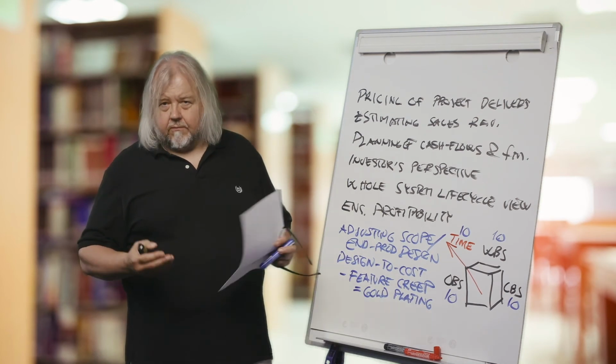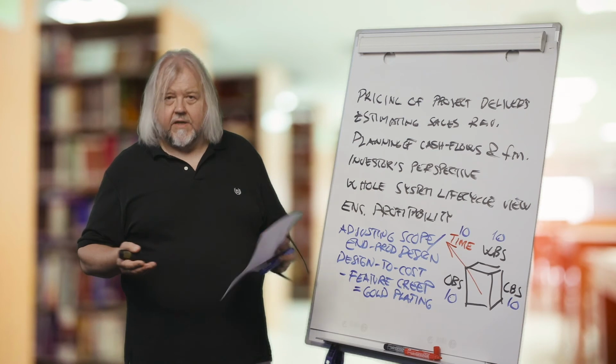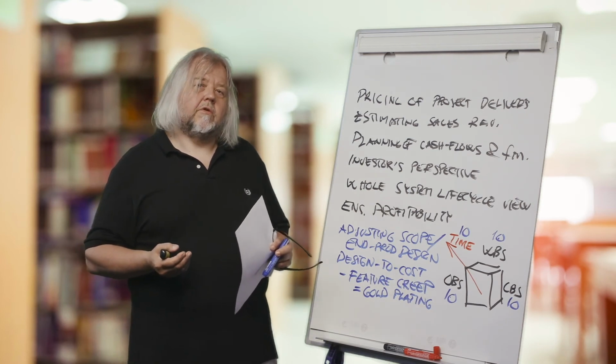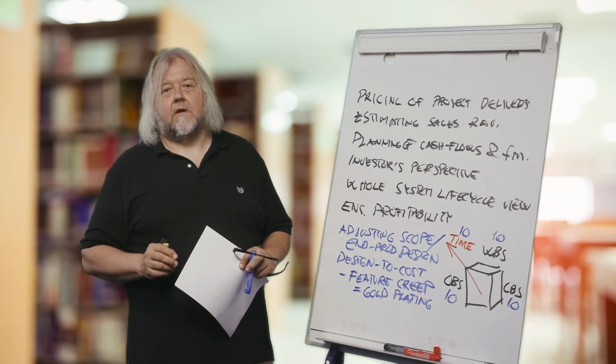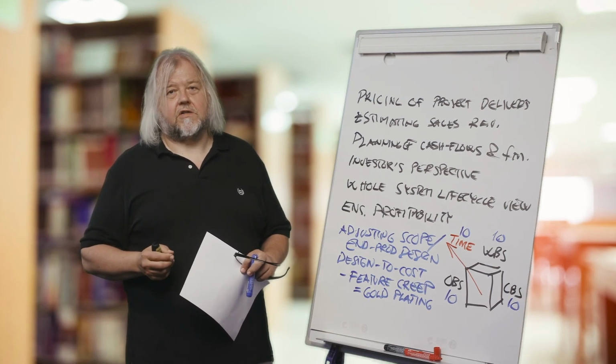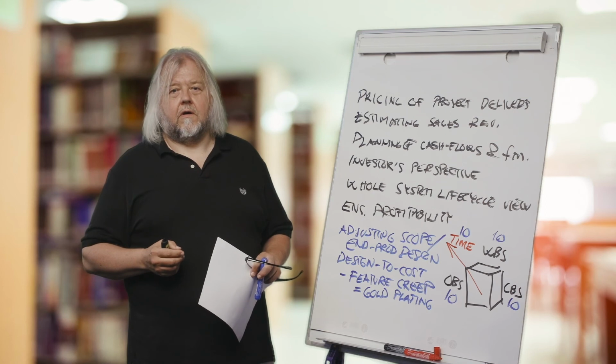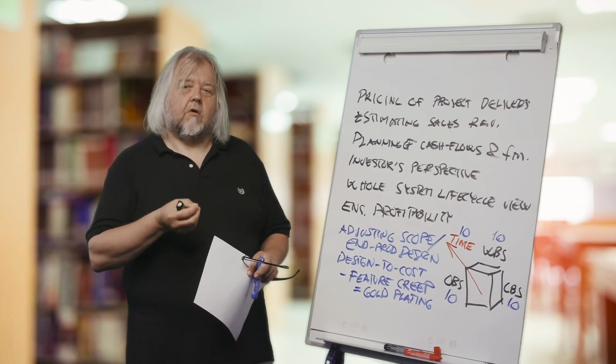We were talking about what is project cost management. We were talking about the basic laws of cost behavior in projects, and we were talking about hierarchical structures of recording and reporting costs.